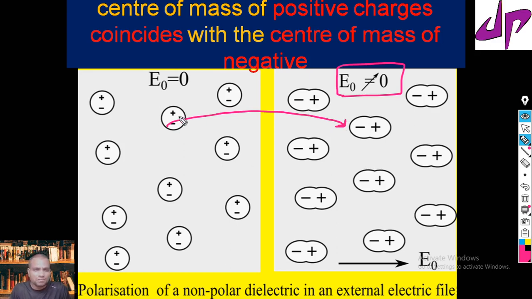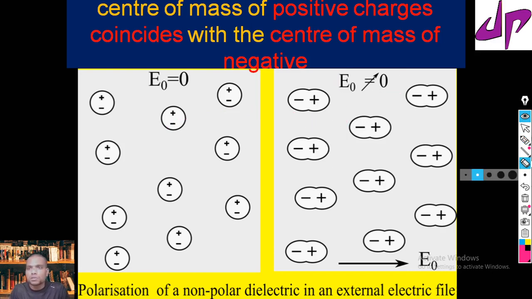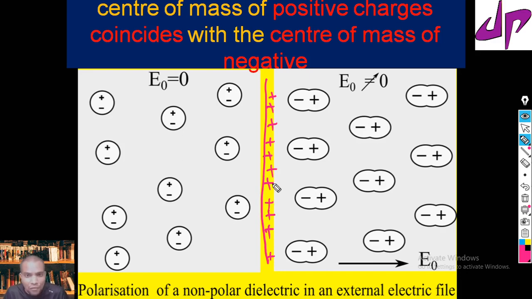Before it was a perfect sphere or perfect circle, but when you apply an external electric field, suppose I draw the electric field here in the direction of the positive charge, this is the external electric field. Now this external electric field affects the molecular structure and the alignment of atoms.